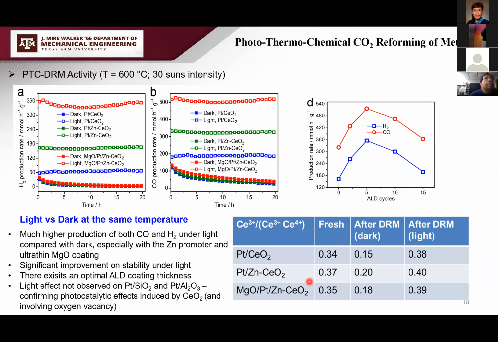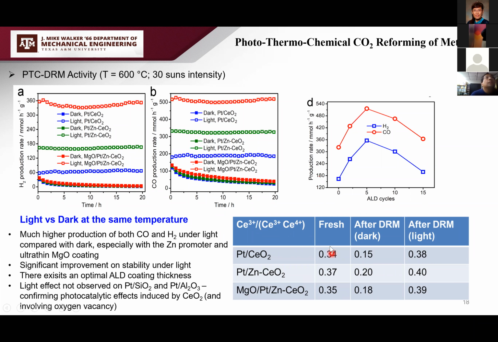I think because of cerium, the oxygen vacancies or the mobility of oxygen plays a very important role. So we did a calculation of the cerium 3+ population before and after reaction. This is through XPS.